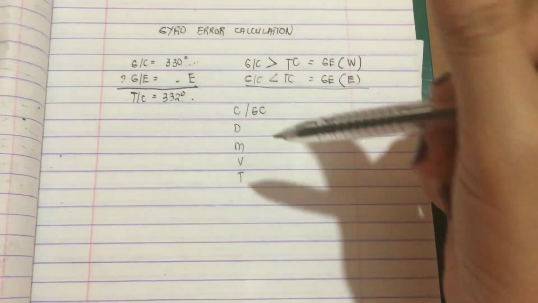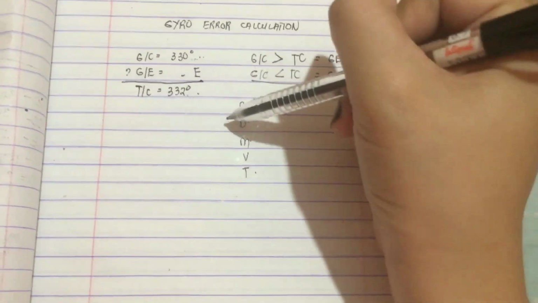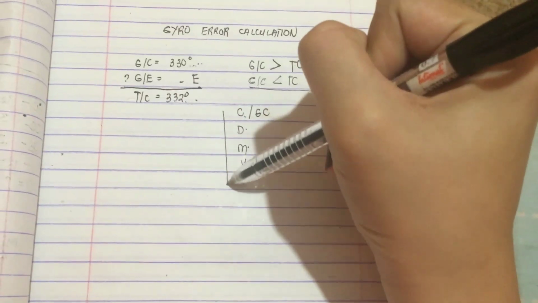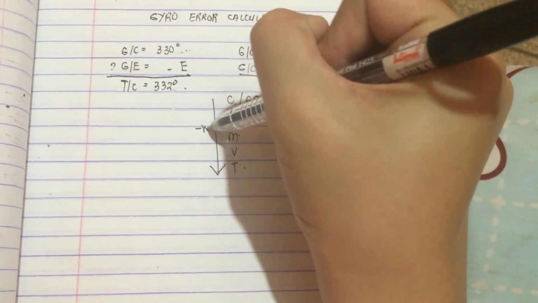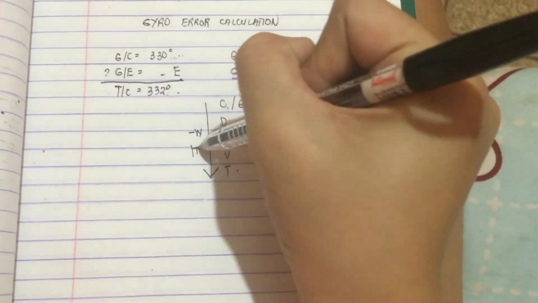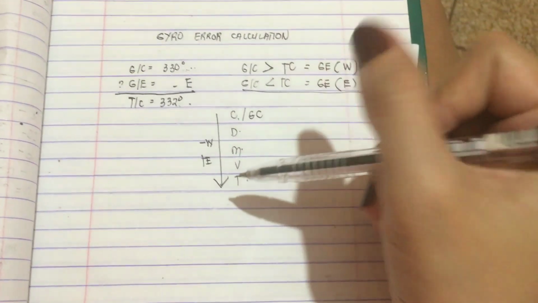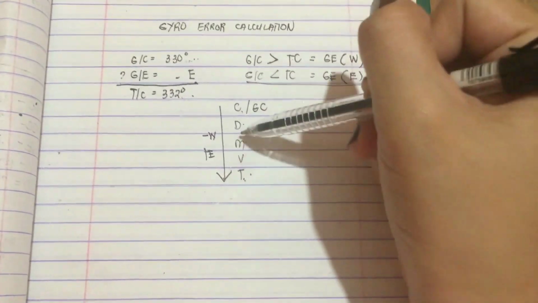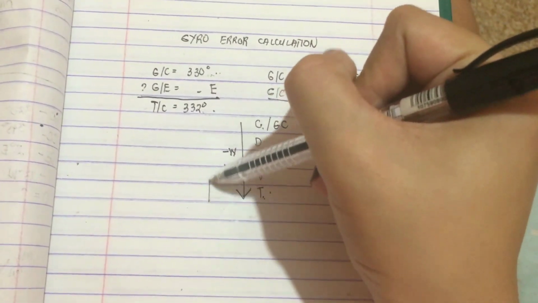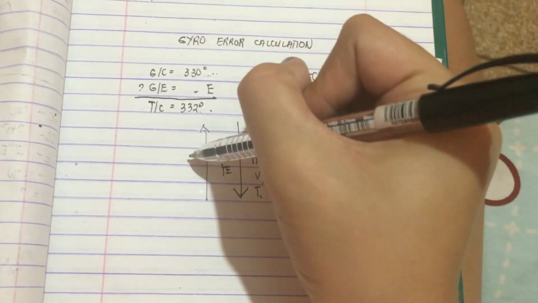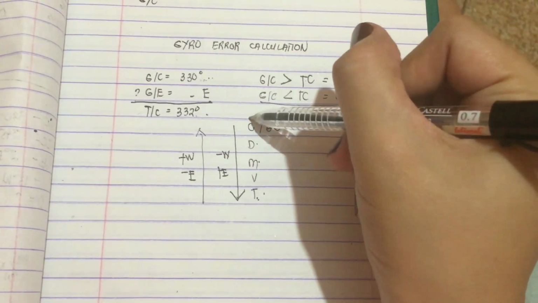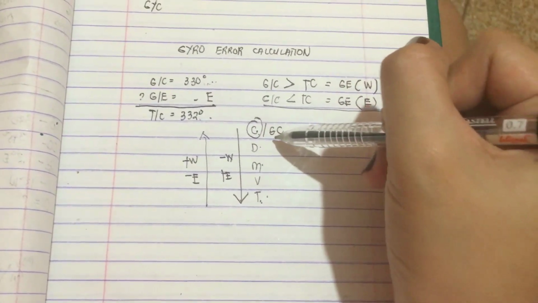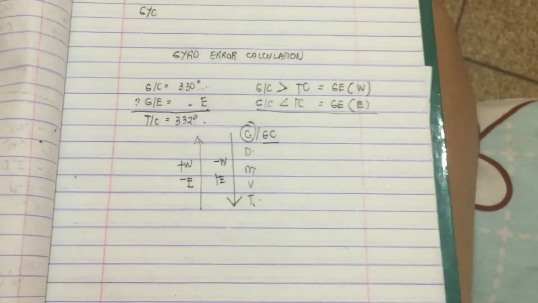The rule regarding CDMVT is compass course to true course, subtract westerly and add easterly. And when we are calculating from true course to compass course, the rule will be add westerly and subtract easterly. So we will remove compass course and instead use gyro course.